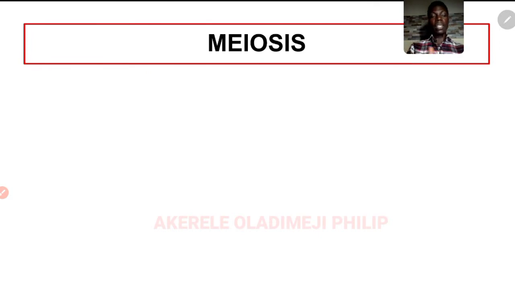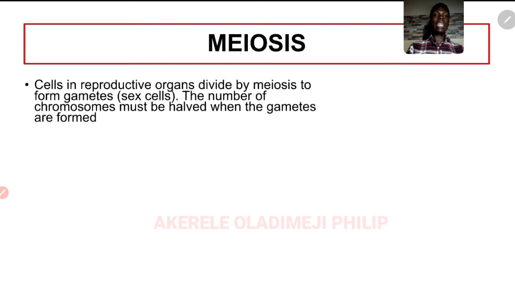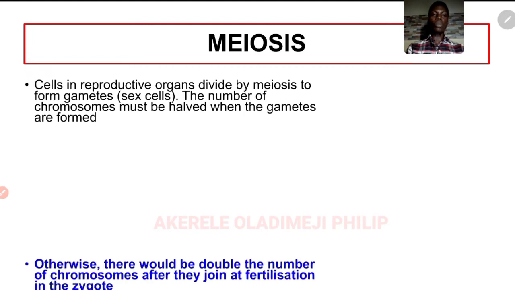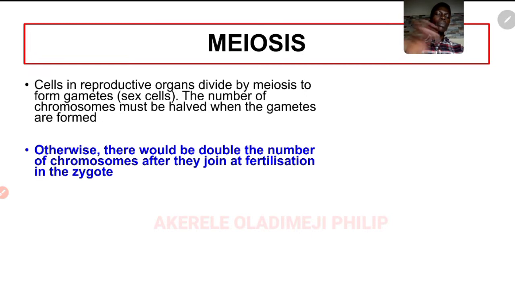It's a topic in itself in this segment. So cells in reproductive organs divide by meiosis to form gametes, which are sex cells. The number of chromosomes must be halved. That means it must be reduced when the gametes are formed. I already explained that maybe in one of the other lectures. Otherwise, there will be double the number of chromosomes after they join at fertilization.